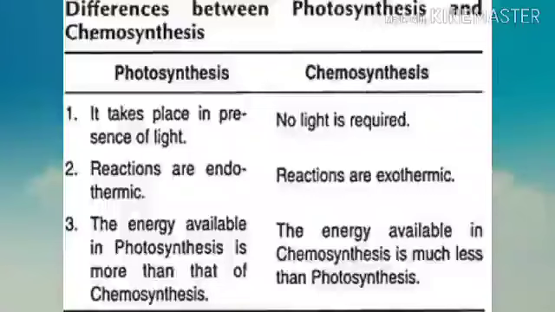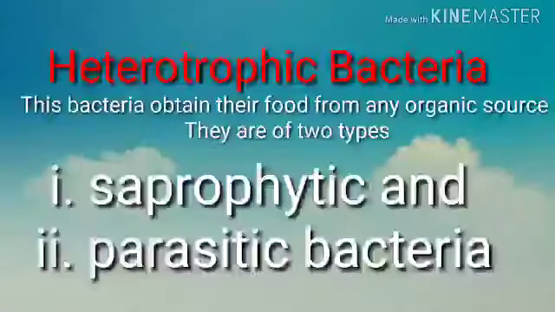The energy available in chemosynthesis is much less than the photosynthetic energy available. So the differences between photosynthesis and chemosynthesis are clearly defined. The presence of light indicates photosynthesis and the presence of chemicals indicates chemosynthesis.